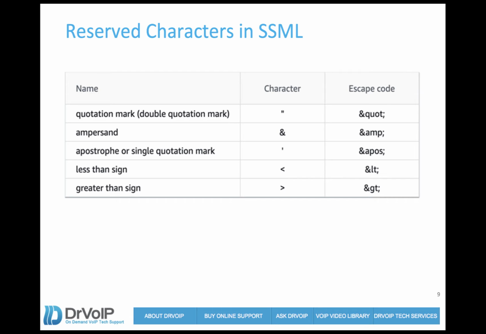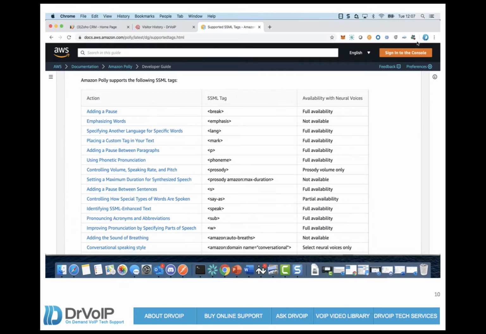If you have declared your text block to be SSML, and you use any of the characters that are reserved in SSML, you're going to hear silence. And that'll be your first clue to go back into your prompt and see if you're using any one of these characters, right? They are reserved, and you can't make them part of your text block.